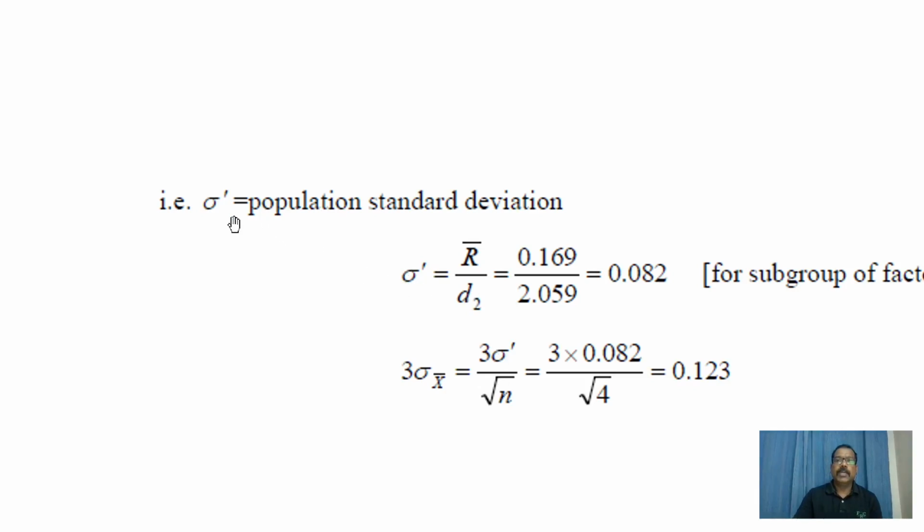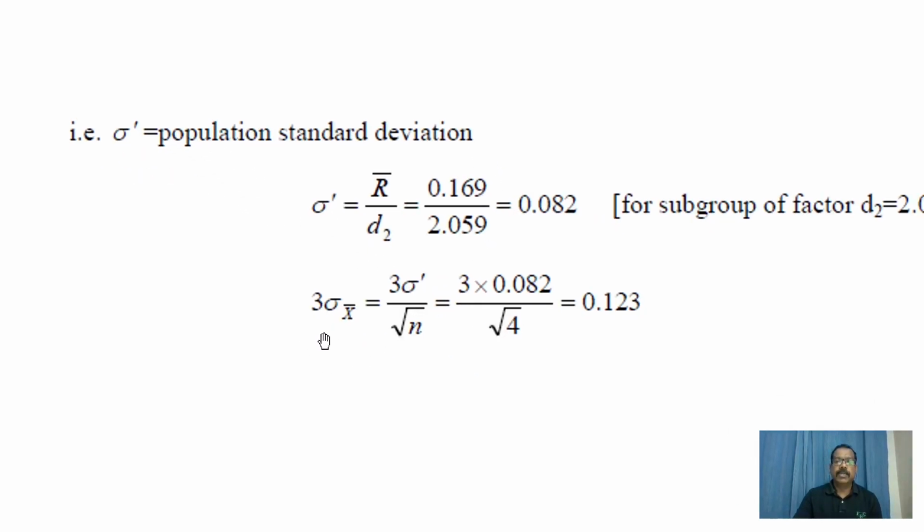Then once you have calculated the population standard deviation, you can estimate the 3 sigma limits: for x bar, 3 sigma x bar equals 3 times the sigma prime divided by the square root of small n. This small n represents your subgroup size, not the number of subgroups, that is n equals 4.